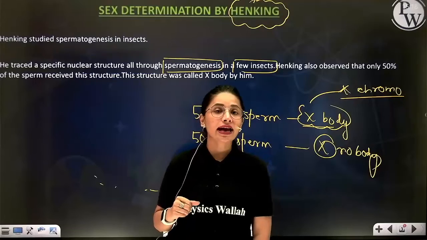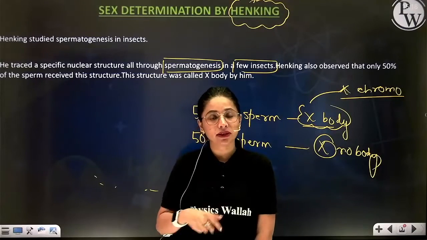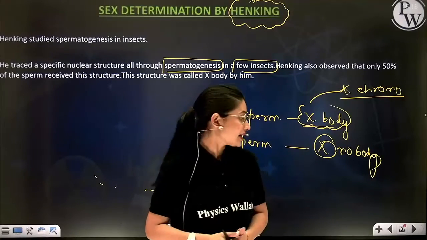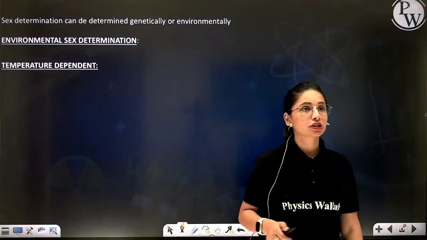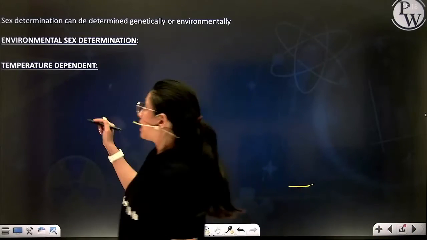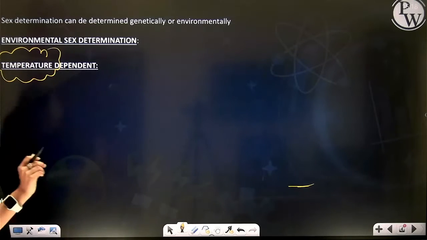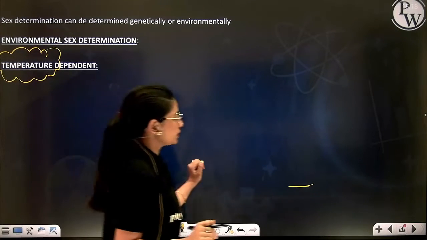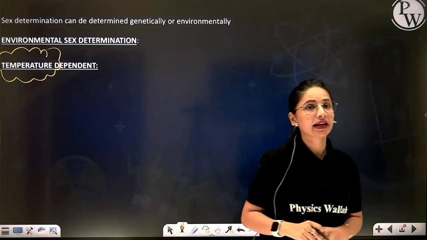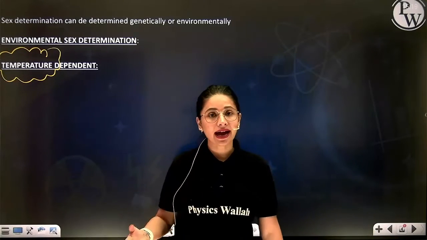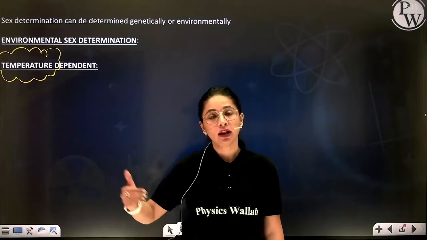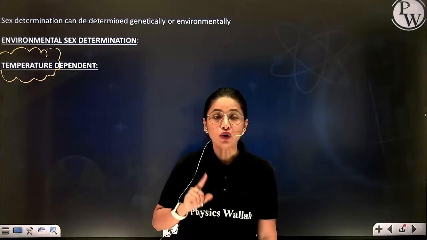In some organisms like turtles and amphibians, I told you in my last class that sex determination can also be done environmentally. Basically, temperature plays an important role in deciding whether the egg on hatching will develop into male or will develop into female.